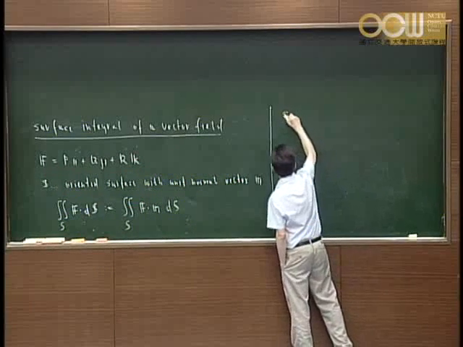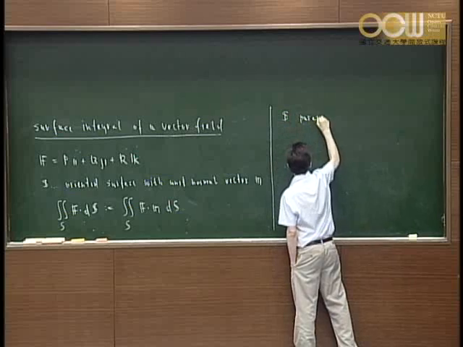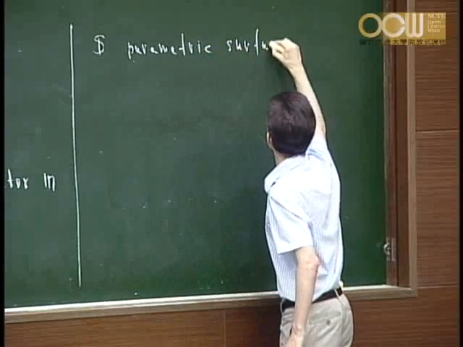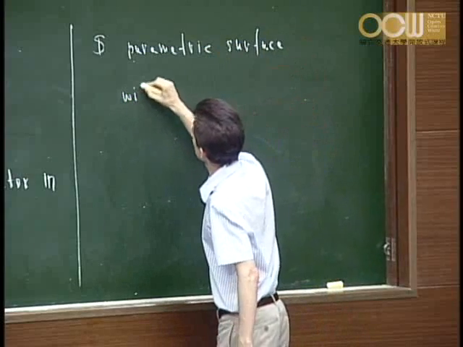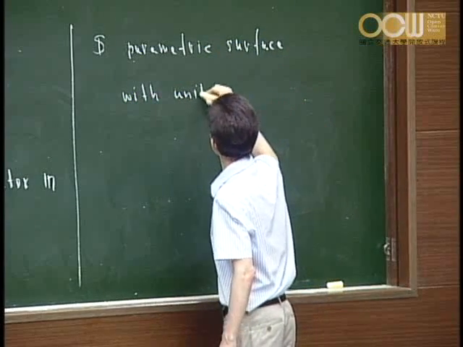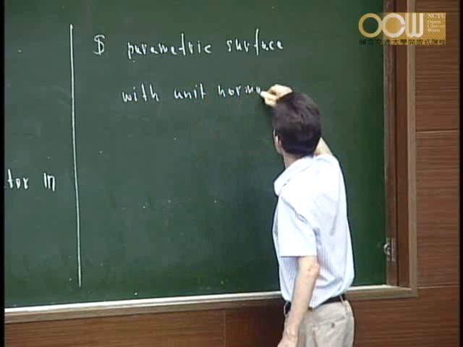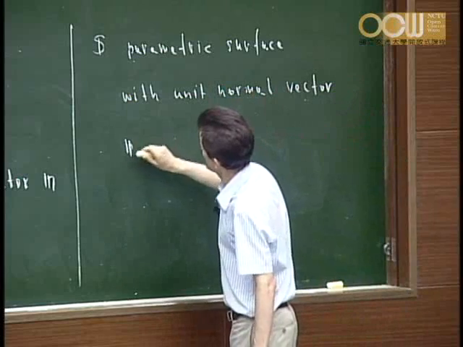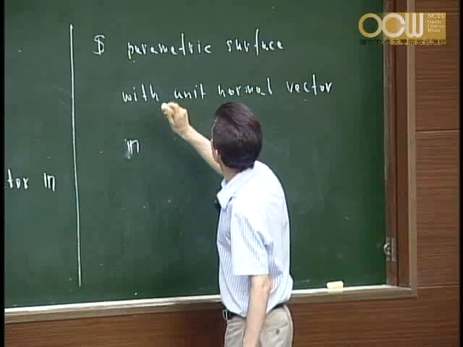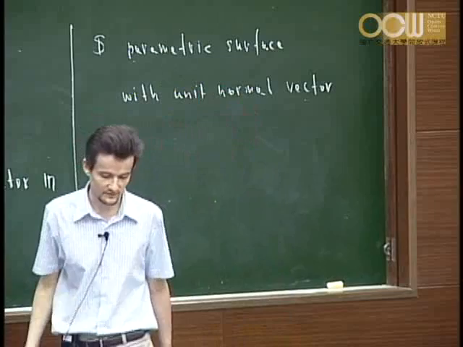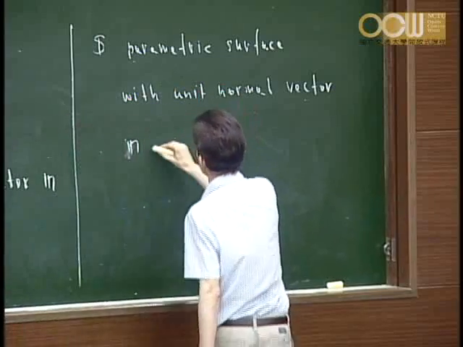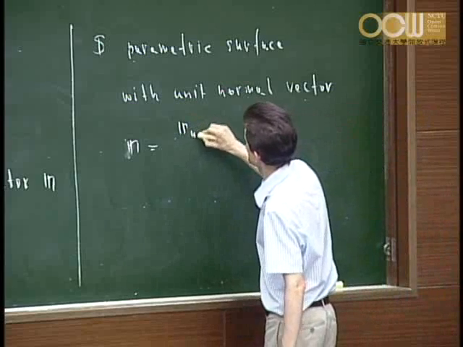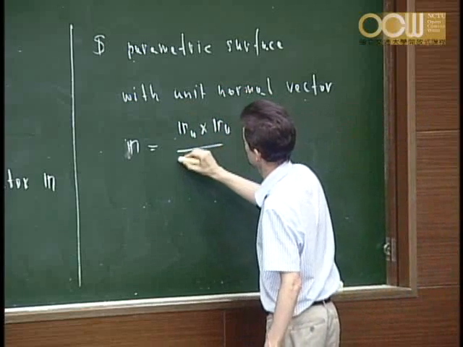So if S is a parametric surface with unit normal vector, so for an oriented parametric surface, we have a natural choice for the unit normal vector, namely what we choose is, as I have explained before, this one.